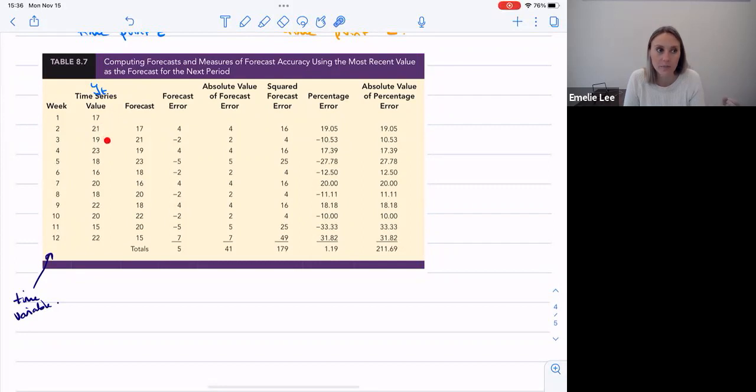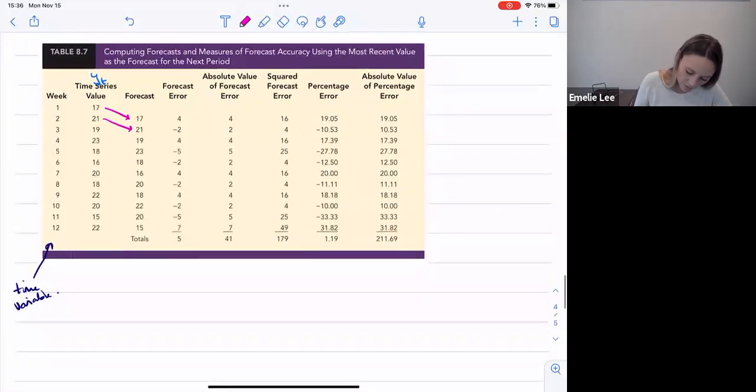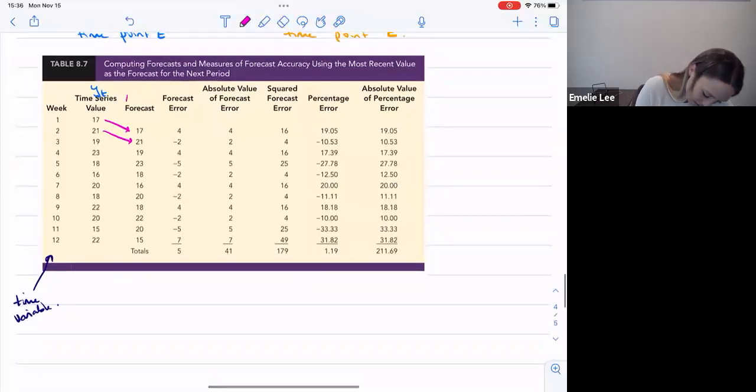So if we use the naive forecasting method, all we're doing is taking this value, this 17, and using it as our forecast for the next week. 21 is being used as a forecast for the following week, for week 3. And so this is our naive forecast.